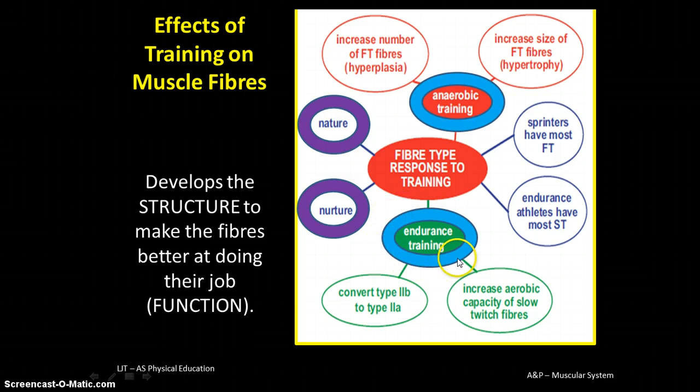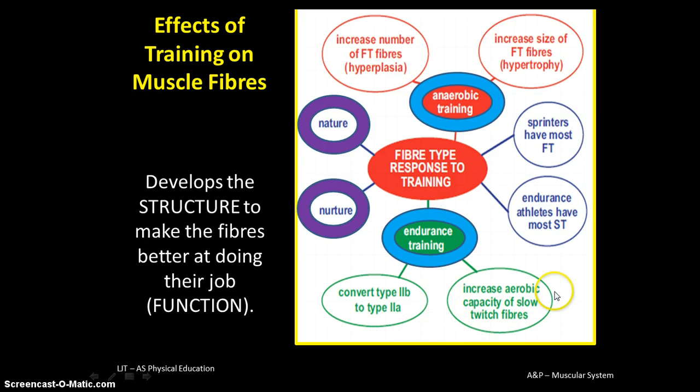If you do lots of endurance training, what you can do is convert your fast glycolytic fibres to function as fast oxidative glycolytic fibres. So you're basically increasing their potential to work aerobically. You don't totally swap them to slow oxidative, but you can convert them to fast oxidative glycolytic, so manipulate them a little bit.